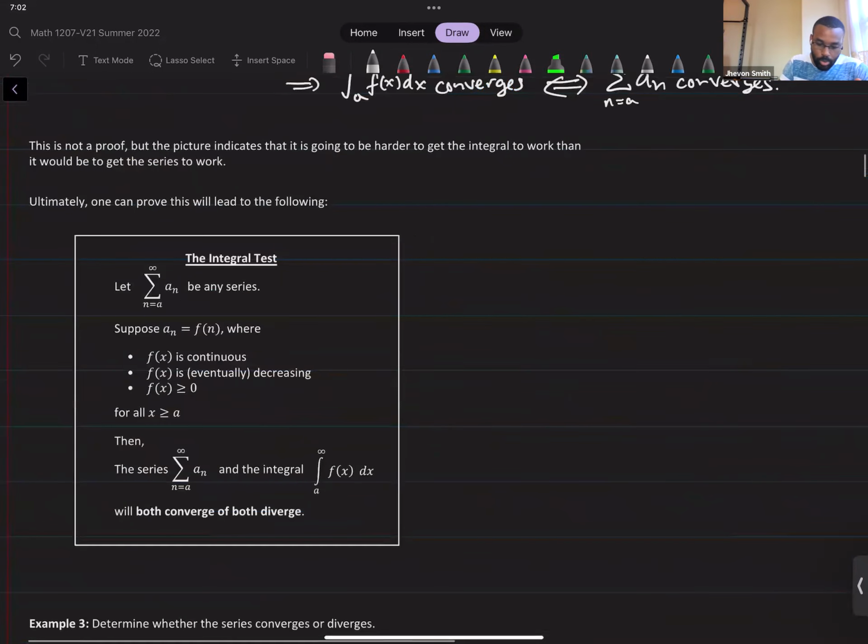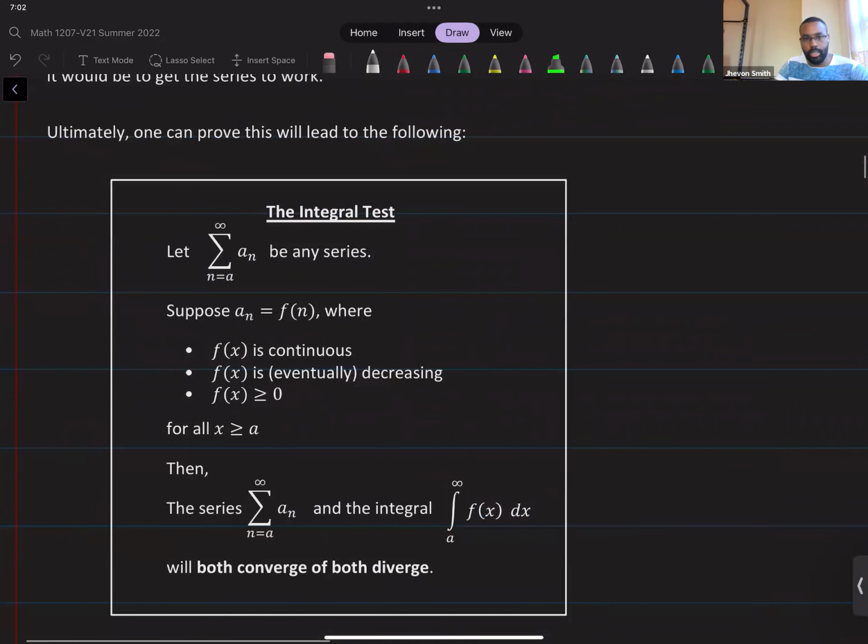This actually leads us to what we call the integral test, right? So under these conditions, you can determine what the series is doing by what the corresponding improper integral is doing. That's basically what this is saying.